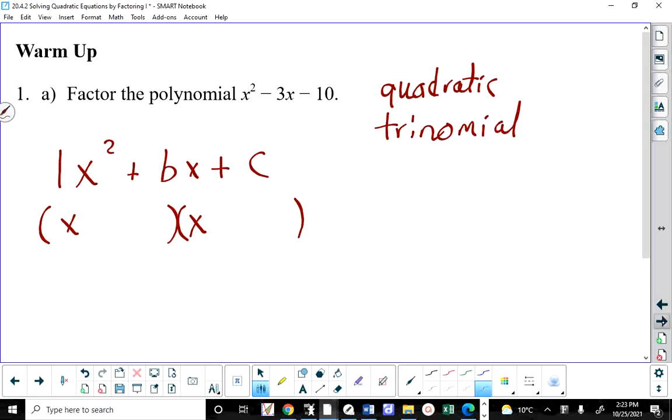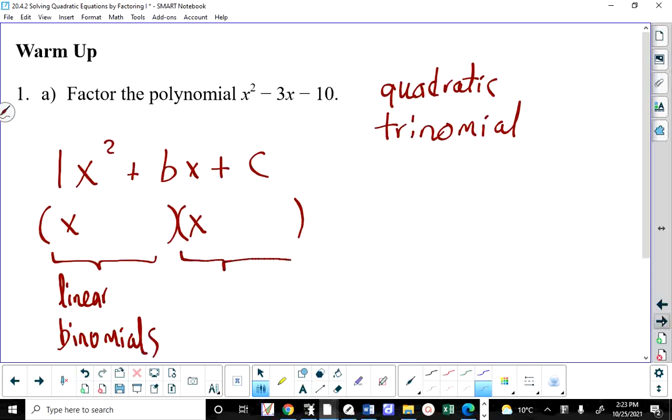It's a trinomial because there are three terms. These are both linear binomials. The language and the terminology is just as important here as getting the answer.